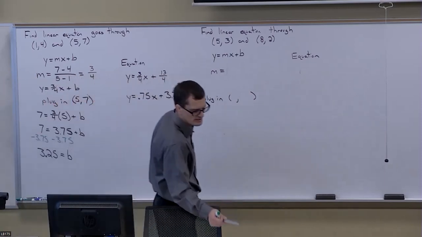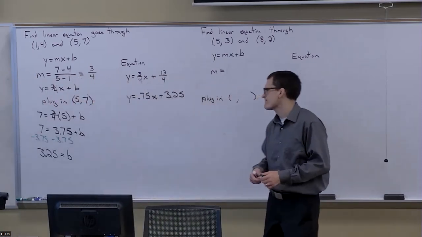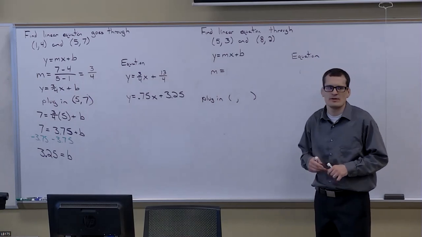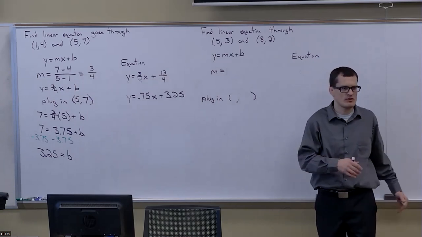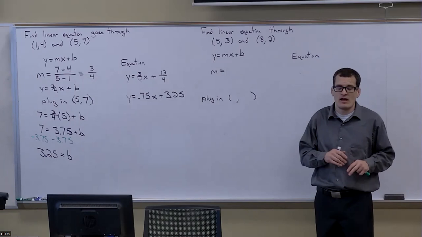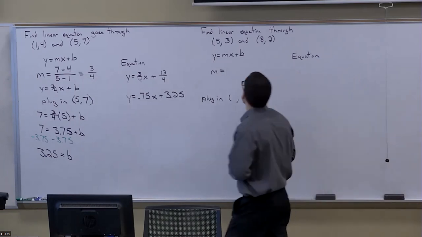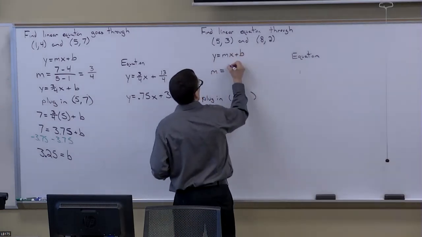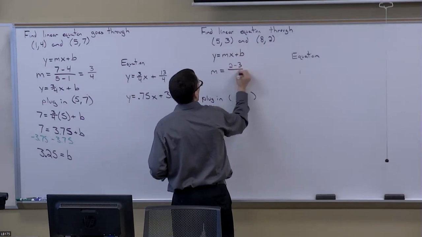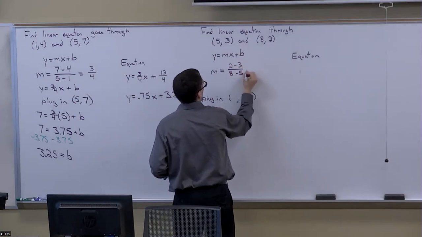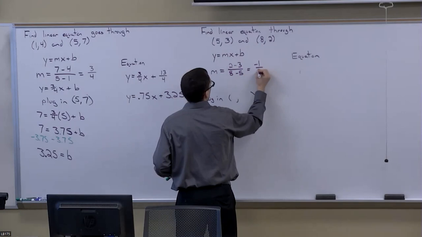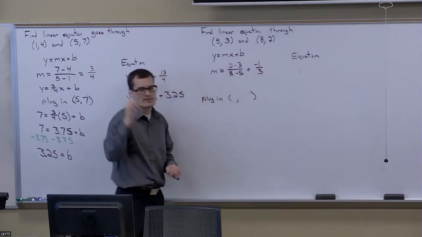Alright, now this one can be a little bit problematic if we don't know one thing. When you do this, we'll go -3 over 8 minus 5, just like we normally do, and we get -1/3.